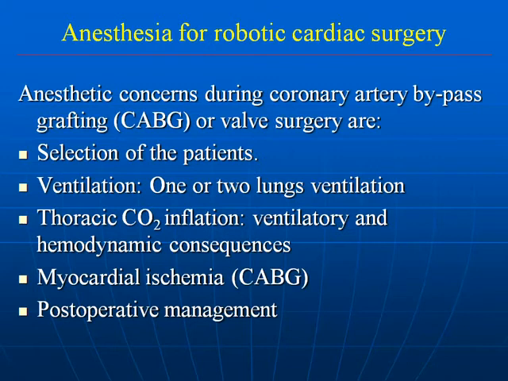So pulmonary function tests are very important in these patients. When you harvest the mammary artery totally endoscopically, you have to give CO2, and that decreases the preload, and therefore you can have both decreased cardiac output and ventilatory status with hemodynamic consequences.